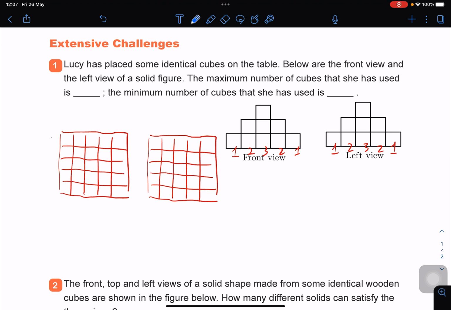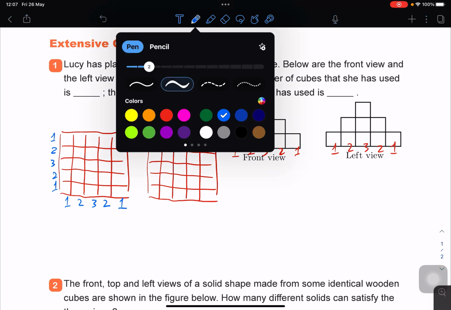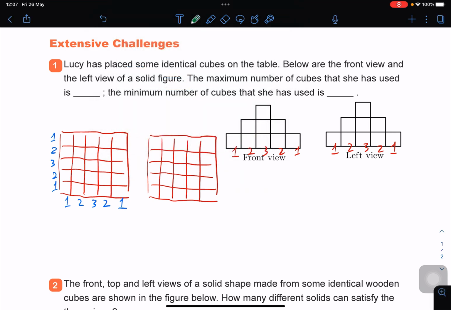So first of all, let's say I am considering the maximum. You can see that all around the ones, they must be filled with ones, right? So, first of all, for each row and column with a 1 in, I can fill it with all ones.